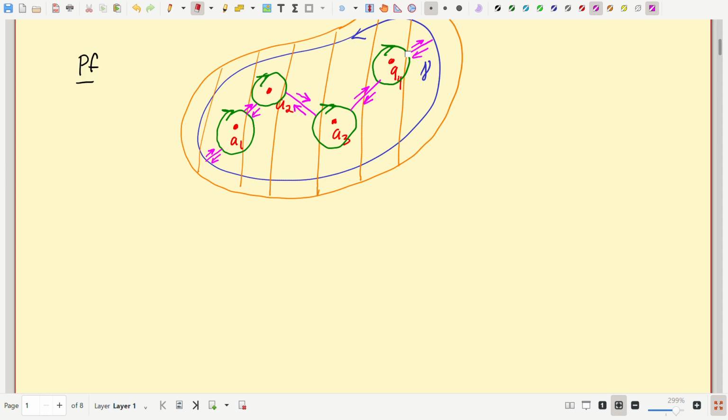Okay, so let's see if I write this out now. Notice that the top half is a simple closed curve. And so we have Cauchy's theorem on the top half. So I'll call that gamma sub top, plus the integral along gamma sub bottom.